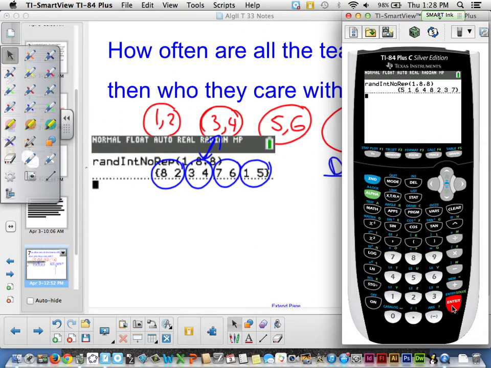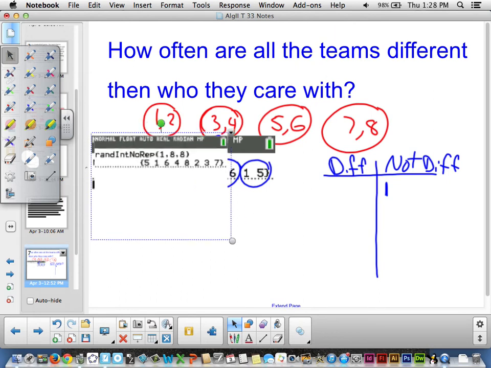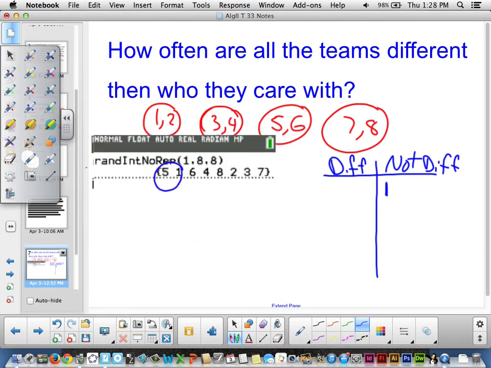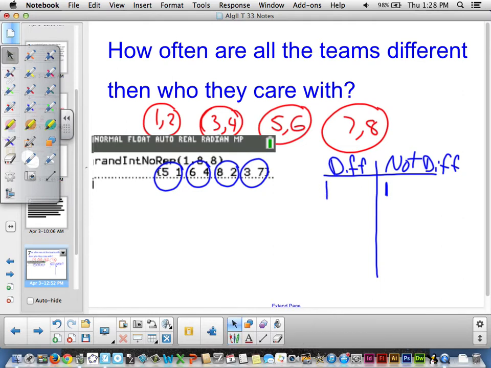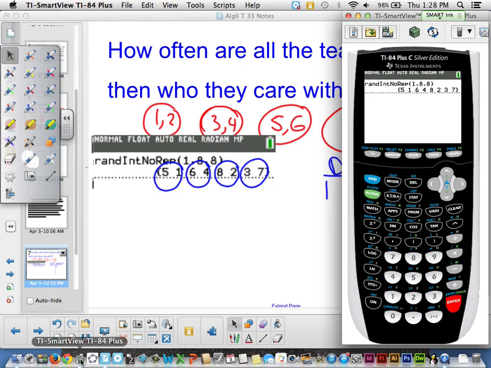All right, so then let's run it again. Get 8 more sets of teams. We'll take a look. And this time, here's the teams: 5-1, 6-4, 8-2, 3-7. And here, all the teams are different. All right. We'll do another simulation here, or another trial. Another set of teams.